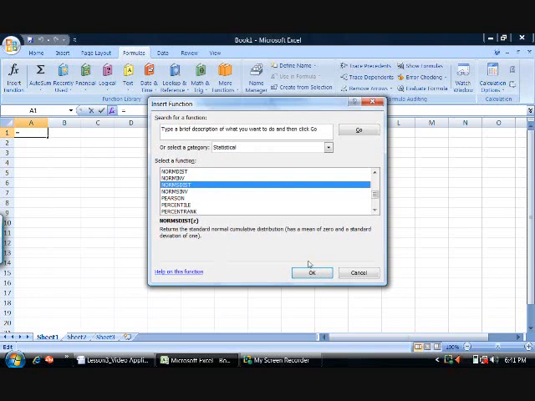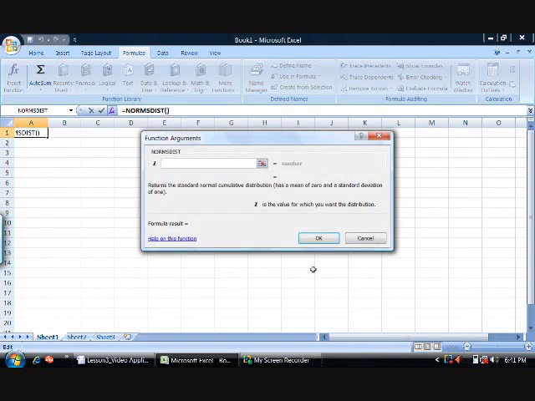Alright, NormsDist distribution. Now what does it want? The z value. And remember, I want the z less than minus 2. It's going to give me a probability. It's already here, 0.0227.